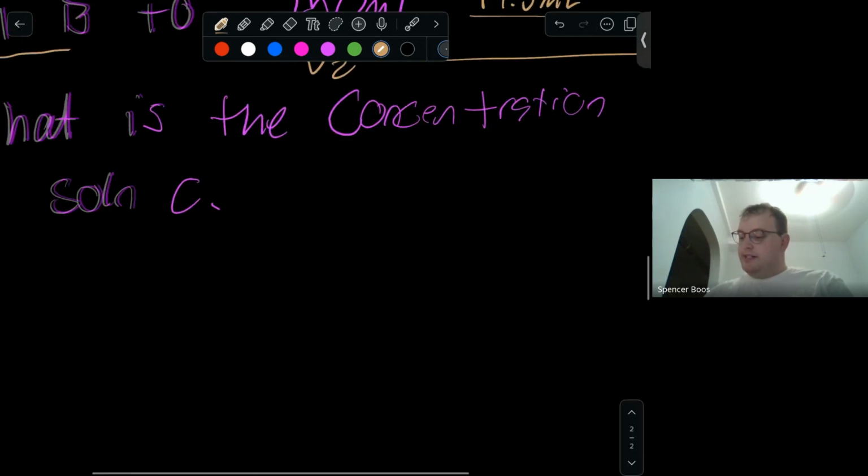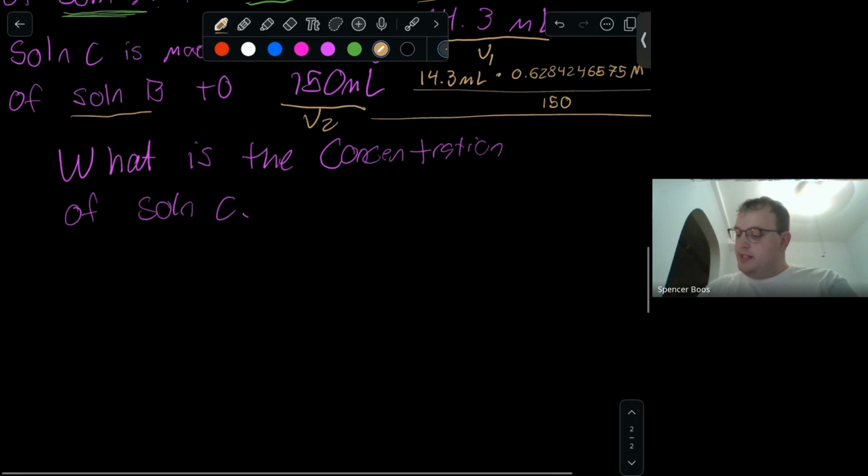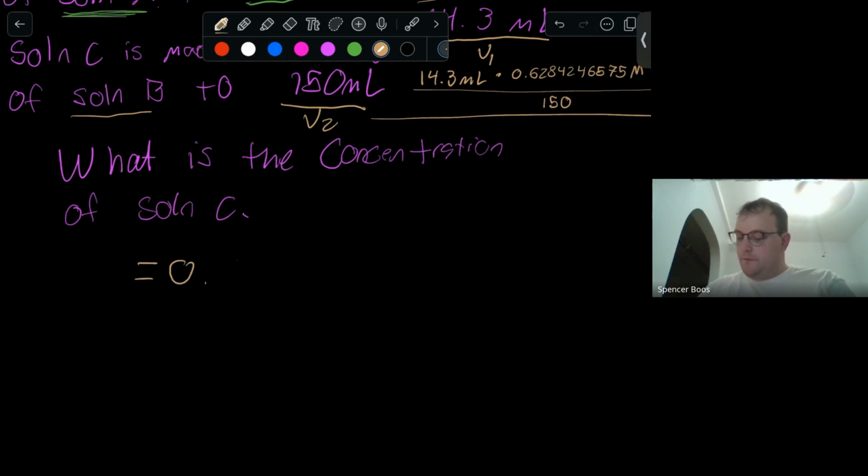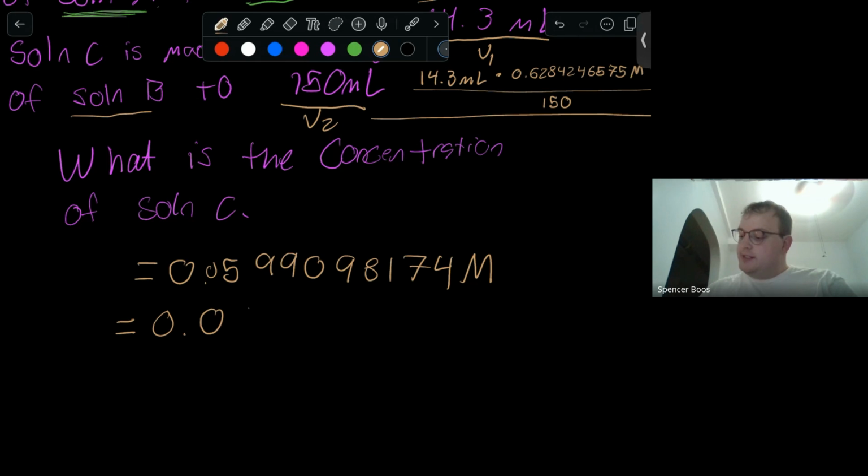And we get this concentration of C is equal to 0.599098174 molar. Rounding to sig figs, I'm sorry, there's a 0 right there. We get 0.060 molar.